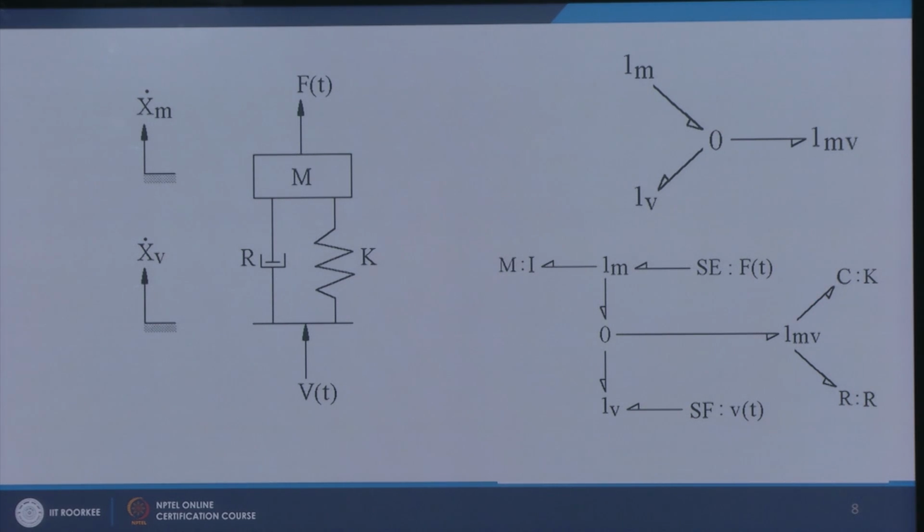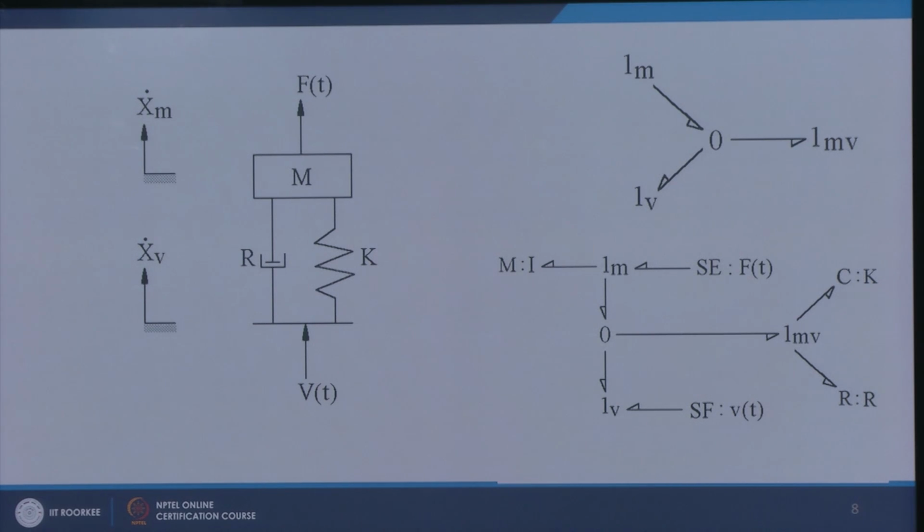This is done. Now, we had this absolute velocity port for the mass, so I attach a mass here, and at this port there is a force acting. I attach a bond representing the force with the help of an SE element.